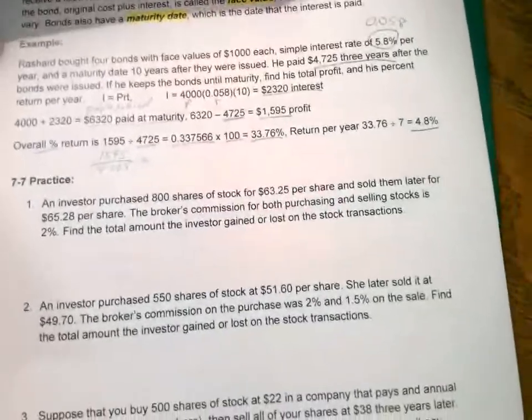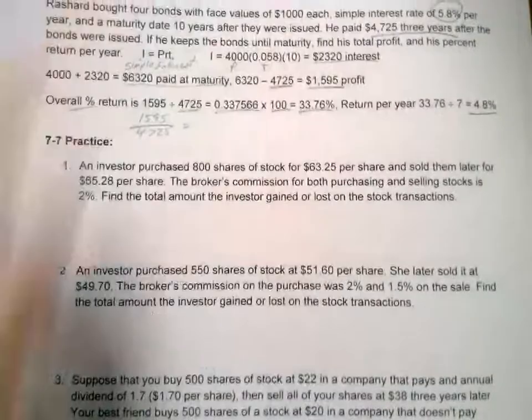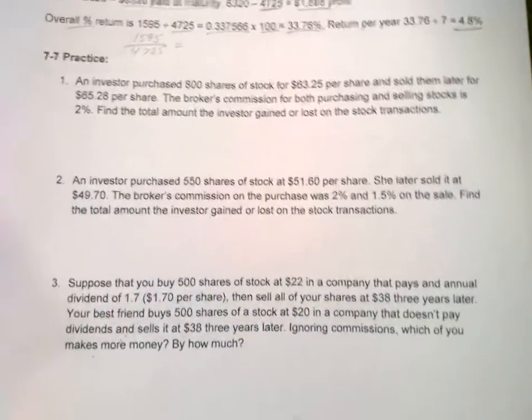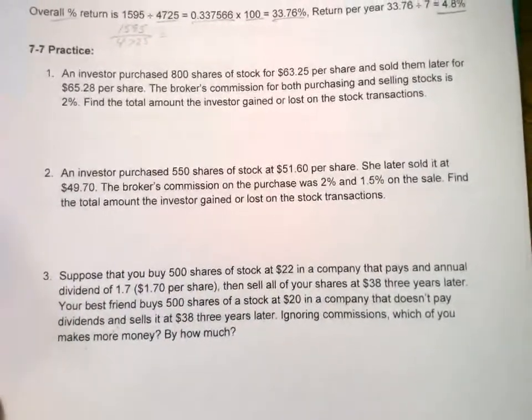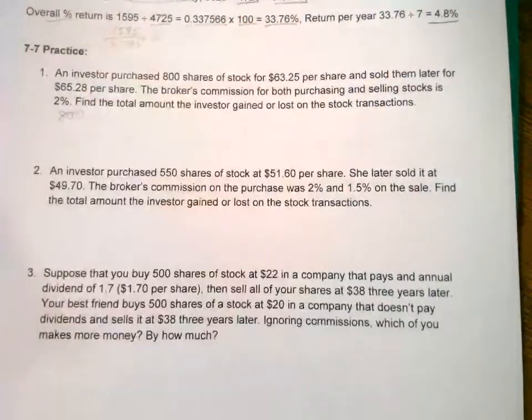So let's practice a few of these. I can get them all in the picture so I don't have to forget about moving them up. There we go. Okay. So an investor purchased 800 shares of stock at 63.25 per share, and then sold them later for 65.28 per share.